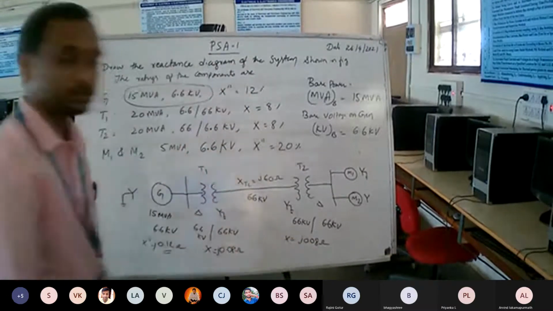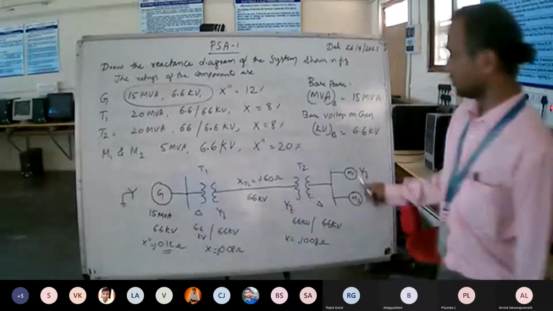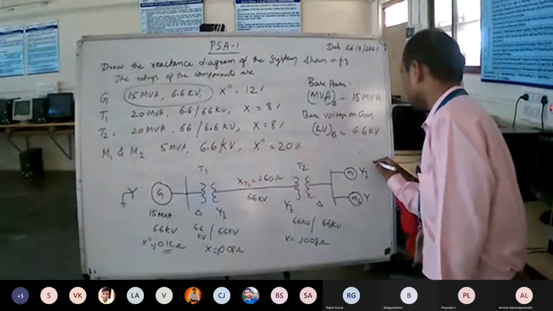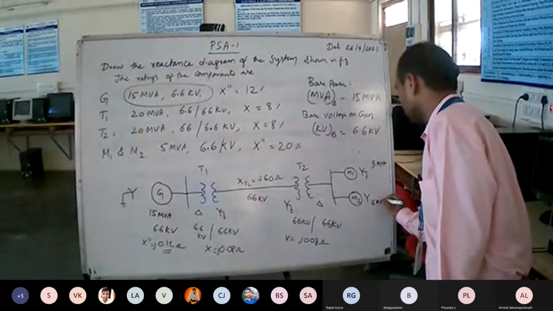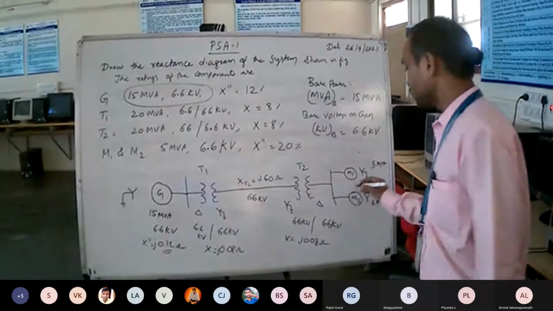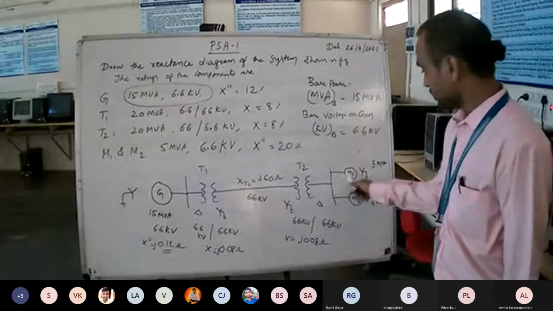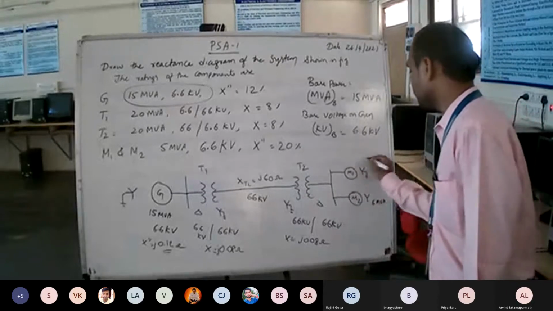That's it. Coming to the motor side, motor 1 and motor 2 are both 5 MVA, and both are 6.6 kV. This section is 6.6 kV, and the same is connected to the motor, so it is also 6.6 kV.